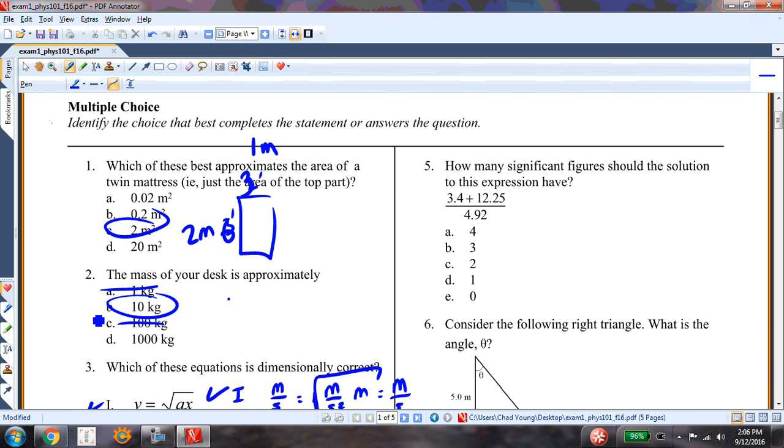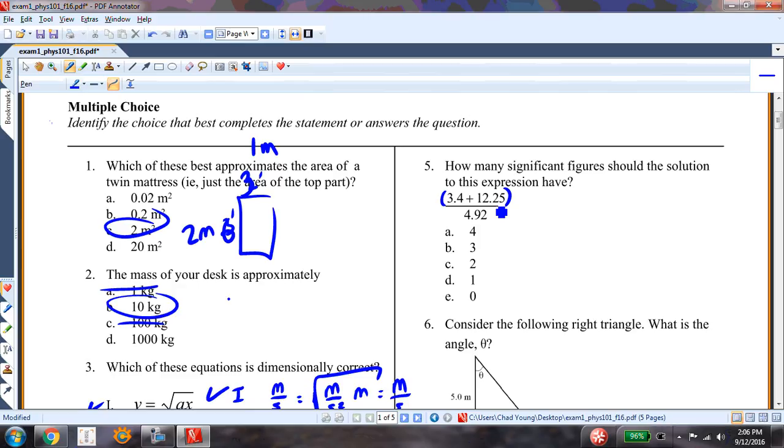How many sig figs should this solution have? Okay, the way that it's written here, we imply, might go back and change this actually, that we have parentheses here so that I will do that operation first. So I'll add on your test some parentheses for number 5.